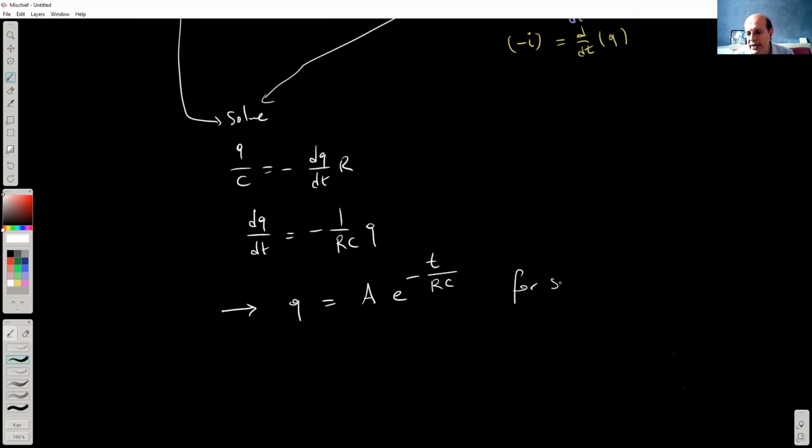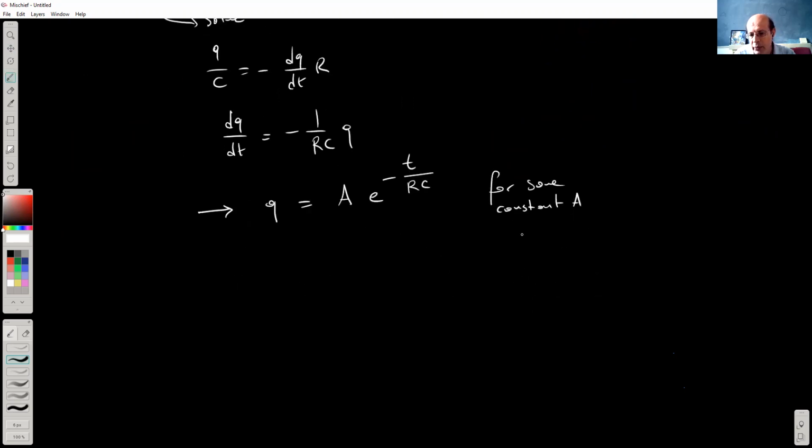Let's say for some constant A. In the general solution, there's an arbitrary constant that appears. We need to compute that constant by using initial conditions. So find A by using initial conditions. Depending on the initial condition, it's going to have a different value.